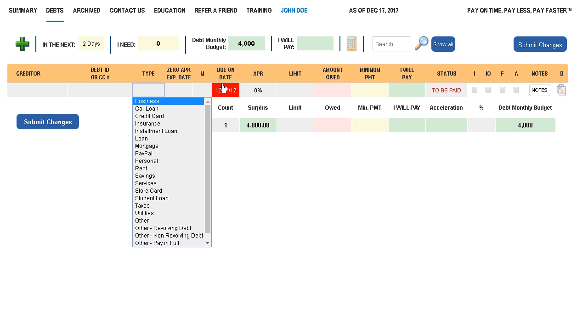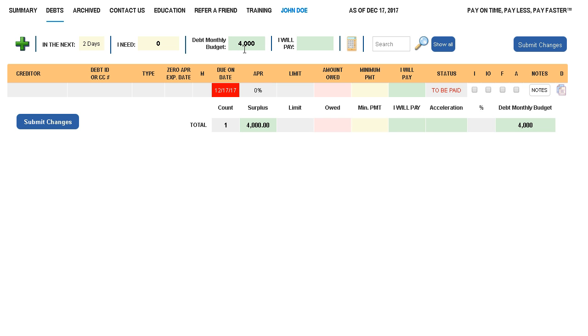Being said that, we're going to do several examples so you understand the use of the program and how it works. Here we're going to put in our example a monthly budget. This is a very important number that must be real. In other words, you cannot invent this number. It has to be based on your income, based on reality, but at the same time, you should put as much as possible into this debt monthly budget.